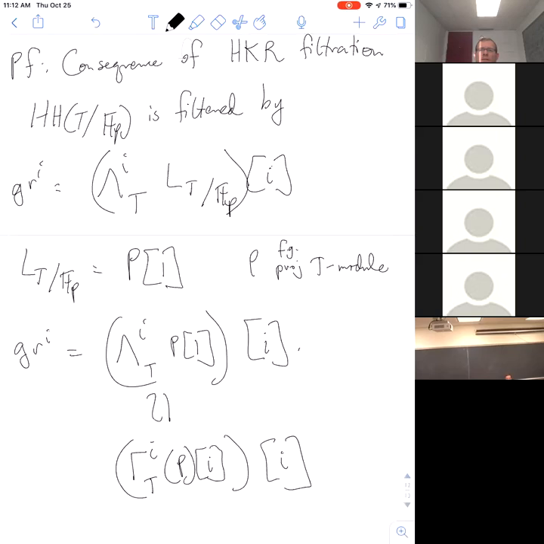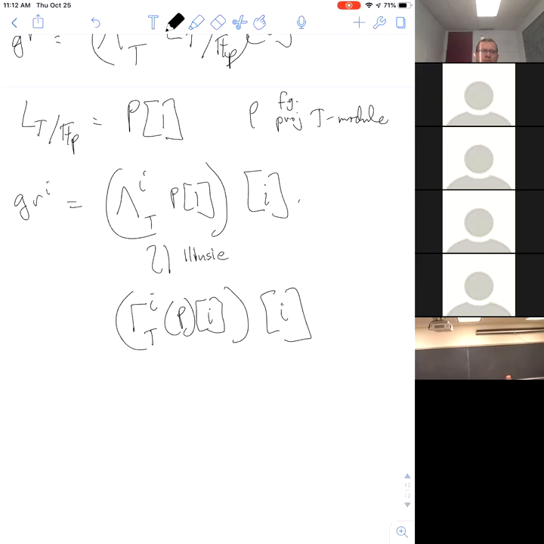This last fact is using a formula, due to Illusie, for how to compute the ith wedge power of a complex, just a projective module. If it's shifted by one, you can compute its exterior powers, and they're the divided powers of the original module, but with some extra shift. So in particular, you get that this is the ith divided power of P in degree 2i, and so in particular, it's all in even degrees.